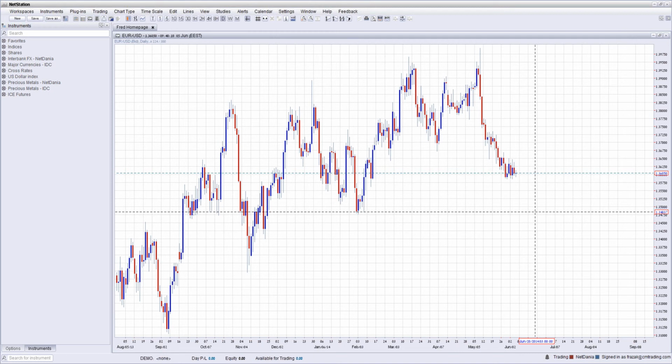But at this stage, the ECB might come up with some aggressive action in order to stop the euro from going further down. But looking at the chart, it does look bearish, so I would be careful on the upside if you're going long.